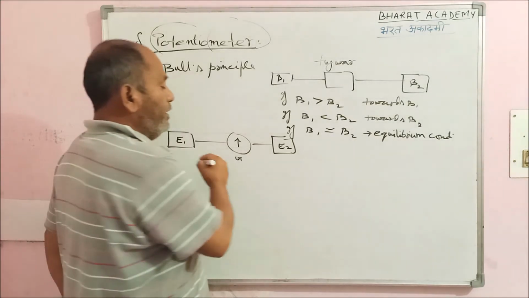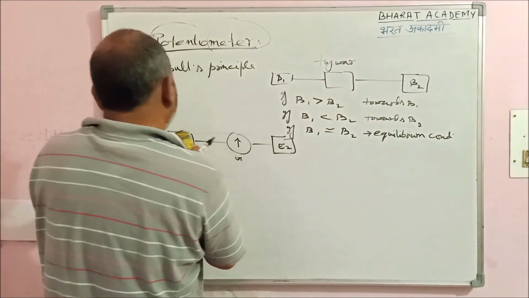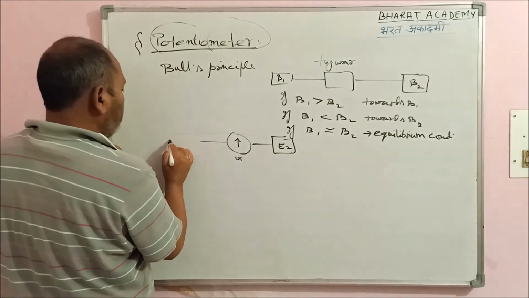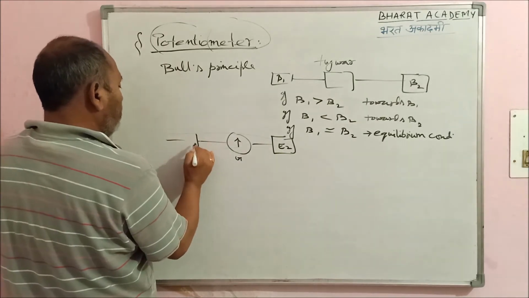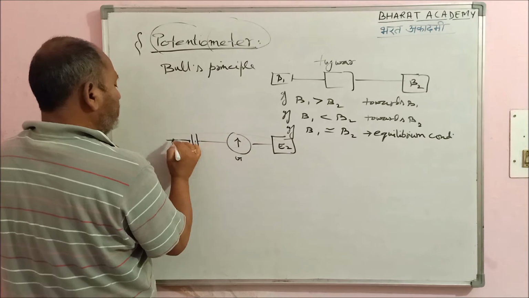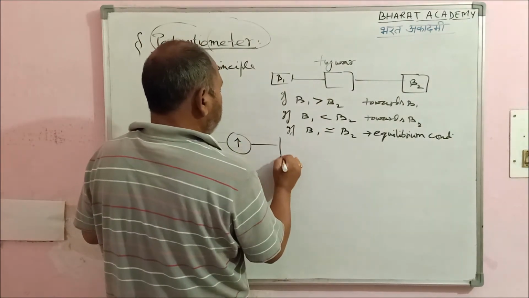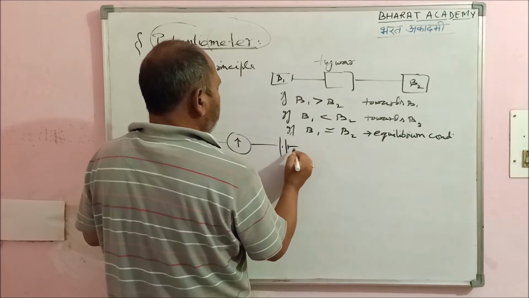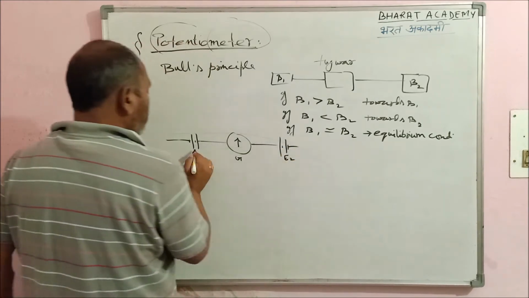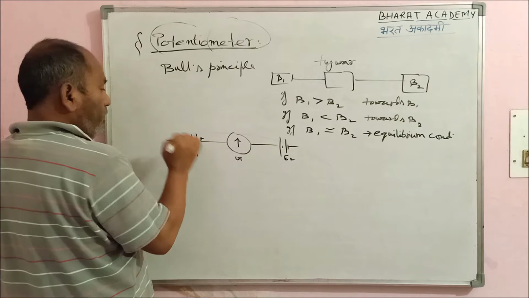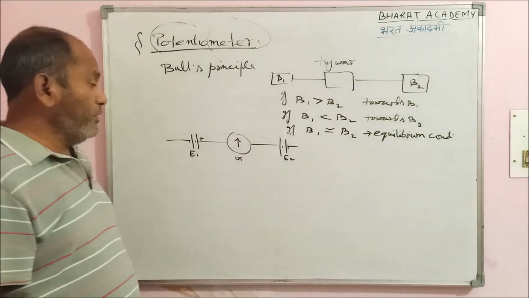Now, in this case, instead of making a block diagram, if I make it like this, that will be better. E2 and E1, opposite, applied to a galvanometer.